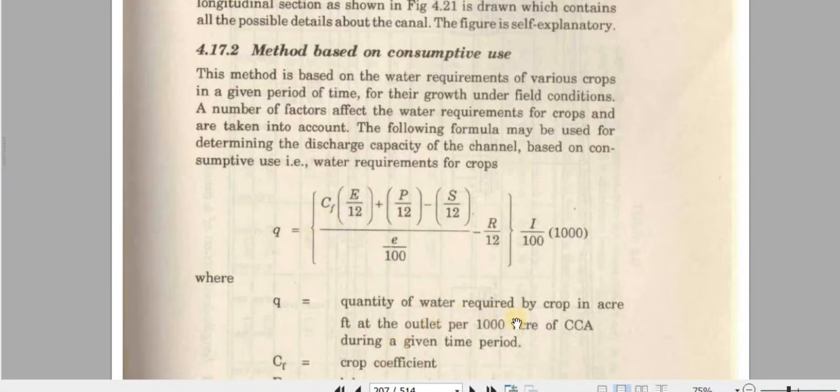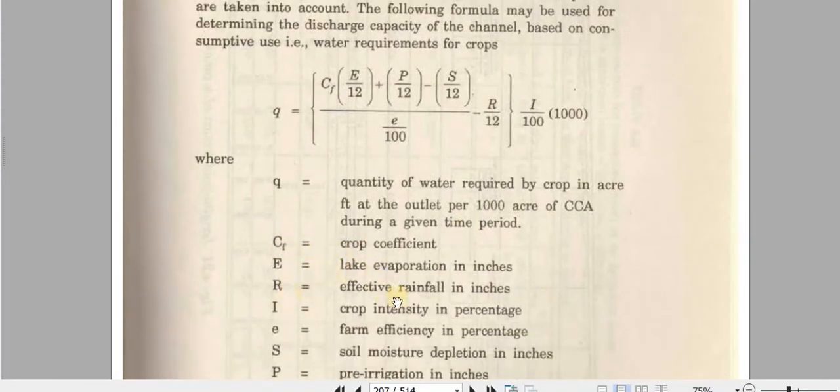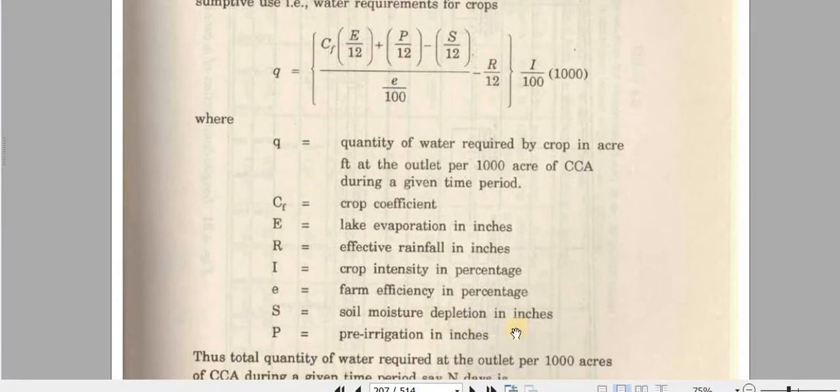Q is equal to the quantity of water required by the crop in acre feet, that is volume, at outlet per 1000 acre of CCA. So Q is volume for 1000 acre. CF is crop coefficient, E is lake evaporation or pan evaporation, R is effective rainfall, I is cropping intensity, E is farm efficiency, S is soil moisture depletion in inches, and P is pre-irrigation in inches.